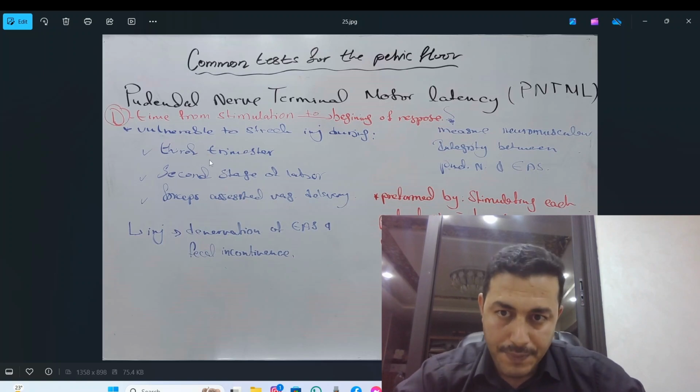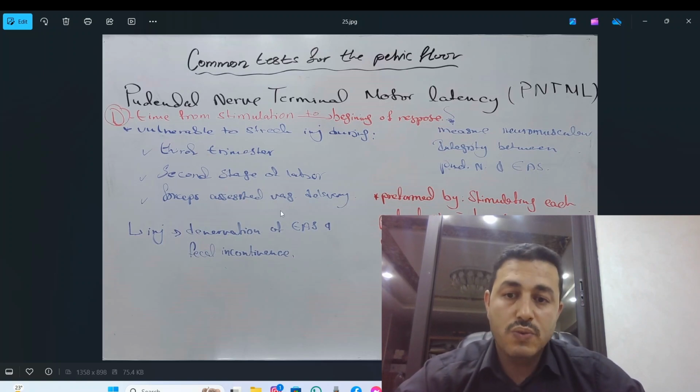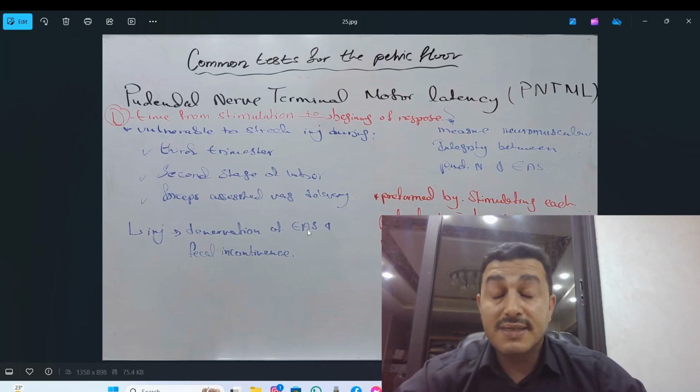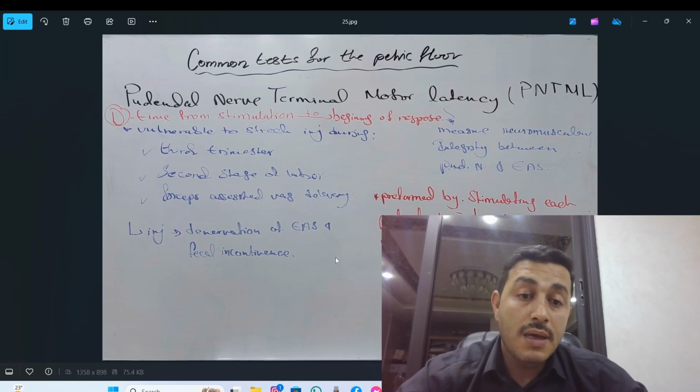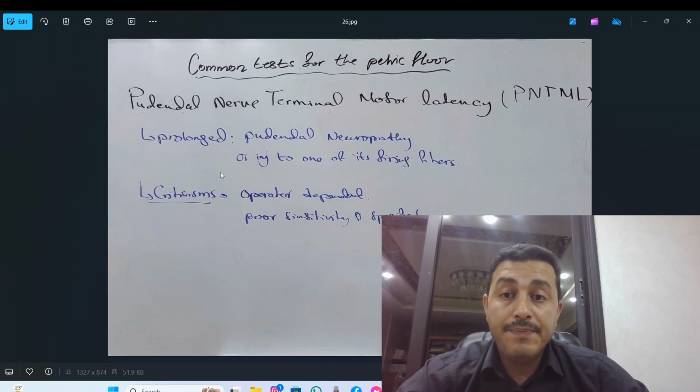We said that pudendal nerve injury can result in external anal sphincter injury and fecal incontinence. The latency can be prolonged due to pudendal neuropathy or injury to one of its fibers.